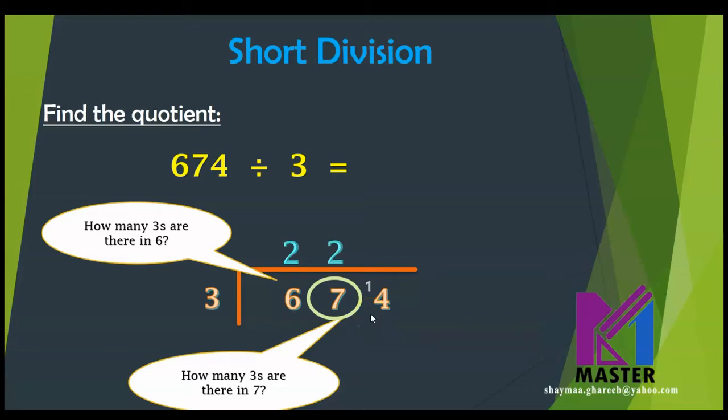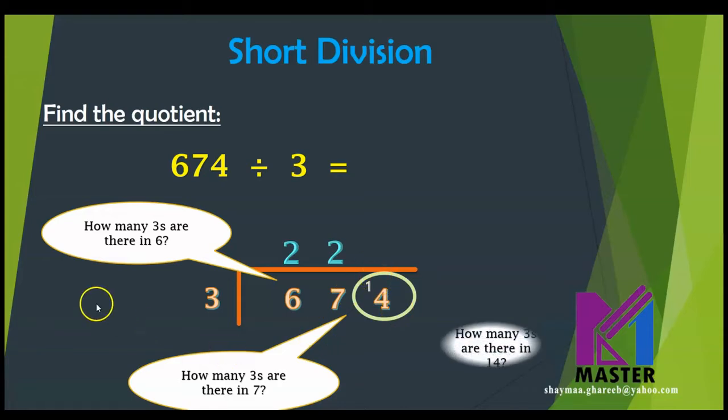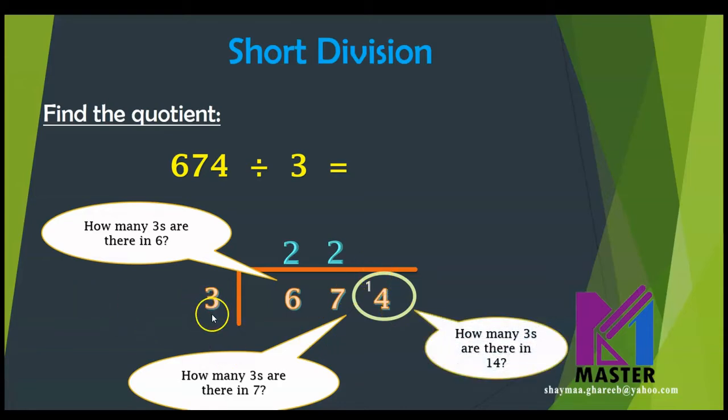What is the next step? Do you remember? I will move to the next digit, but this time it has a remainder. So I will deal with it as number 14. So I will start to do the division one more time. 14 divided by 3, which means how many 3's are there in 14?